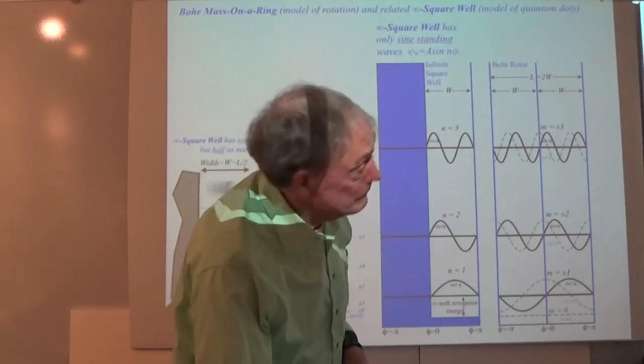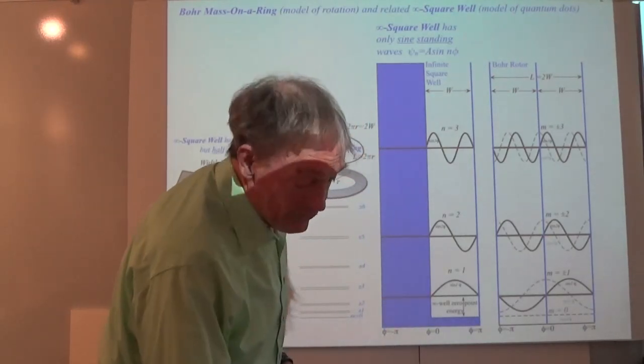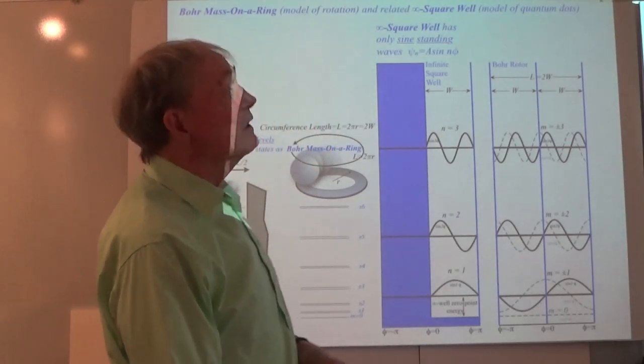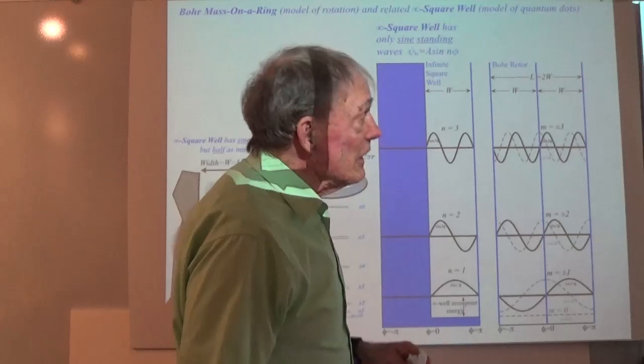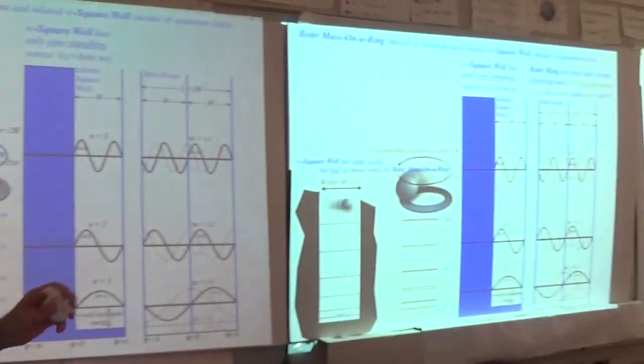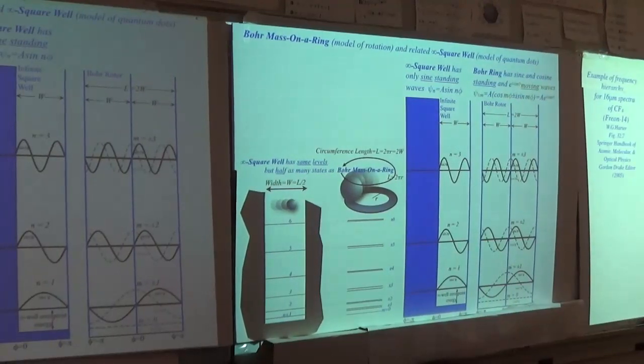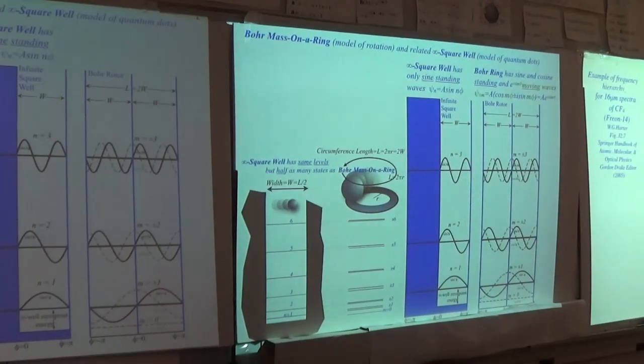So the square well with its standing waves graduates to become sine and cosine standing waves, or any linear combination of the sine and the cosine, including what we call moving waves. That is, cosine plus i sine is a moving wave.